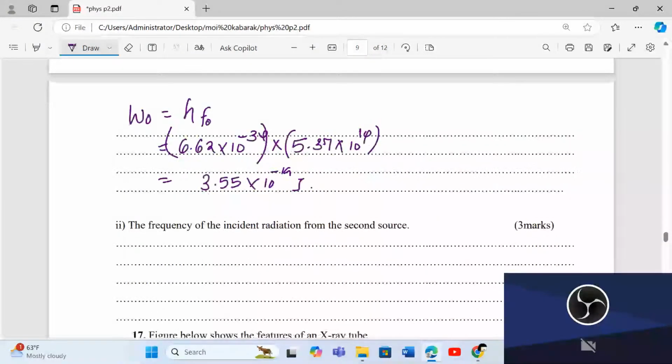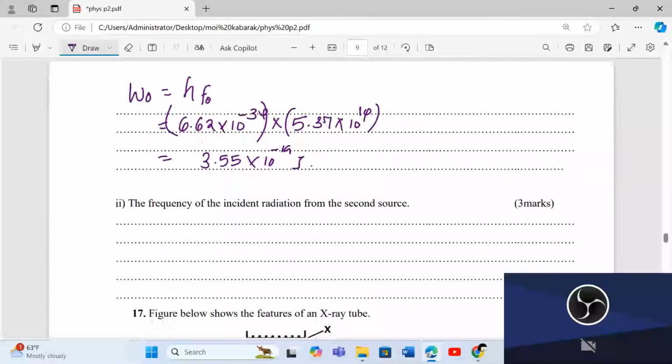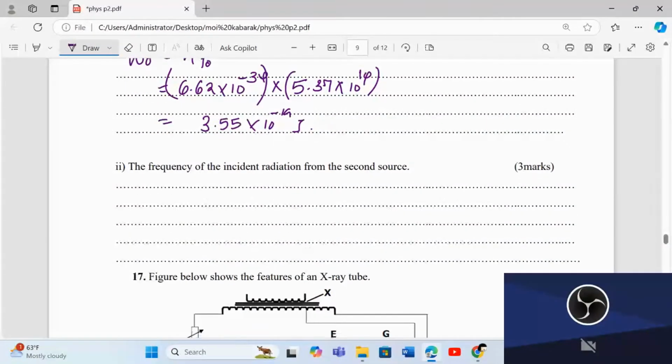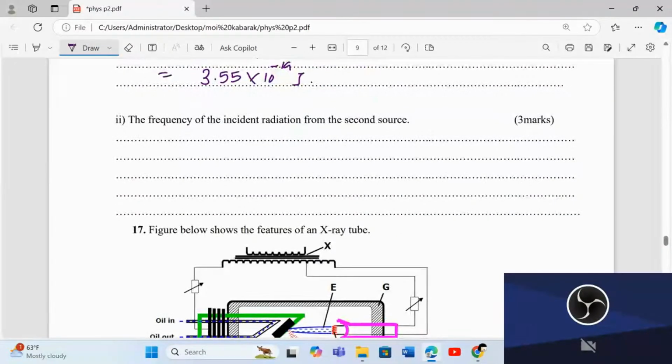The frequency of the radiation from the second source. In this case now, we have to be keen. We all know that energy of a photon is given by the work function plus KE.